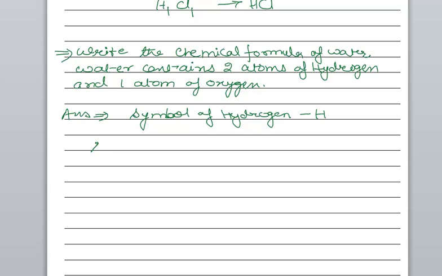Now the second is symbol of oxygen is O. Now write it like this: HO. How many hydrogen atoms are there in water? 2. So write 2 as a subscript. How many atoms of oxygen are there in water? 1. So what will be the formula? H2O.